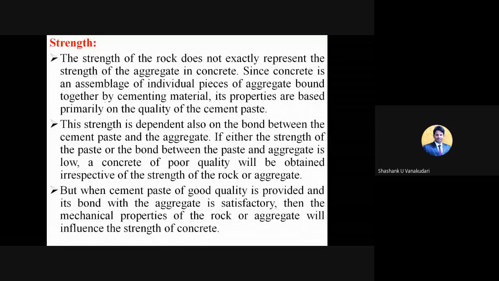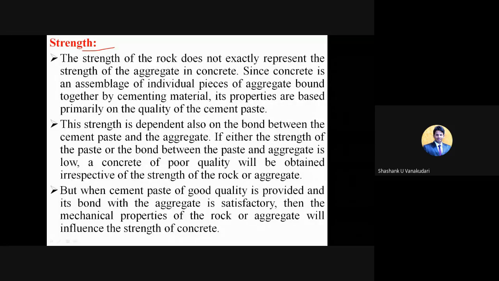Concrete is an assemblage of individual pieces of aggregate bound together by cementing materials. We need to use the proper proportions of cement, sand, water as well as coarse aggregate. Only then do those proper proportions lead to good strength.